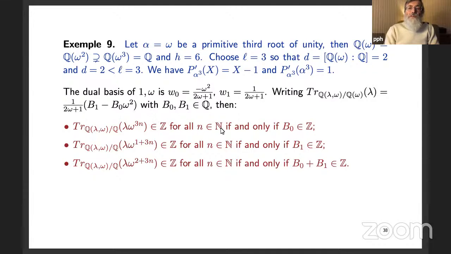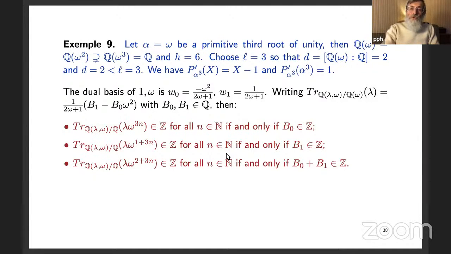Then if and only if b0 is in Z, because the module which occurs in the corollary is just Z in this context. Alpha cubed is 1. And if we take now a equal 1, so we have the trace of lambda omega^(1+3n) which belongs to Z for all n. And now this is if b1 is in Z.